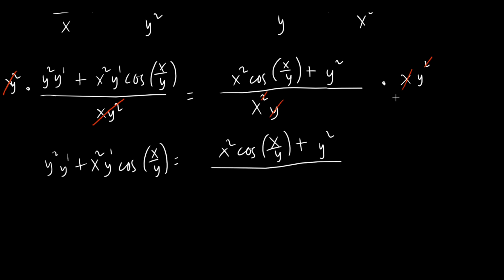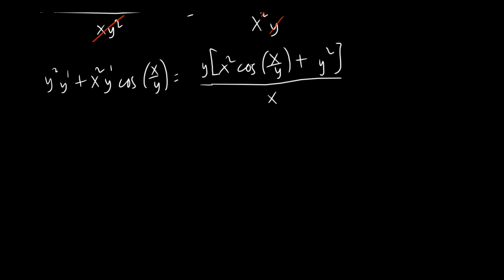So we have the remaining will be y over x. So there will be y here, y then x in the denominator. And then we will now isolate y prime.